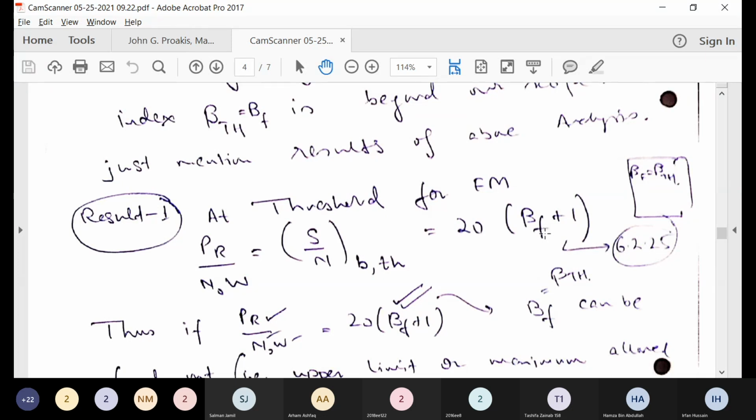So I take this value of signal to noise ratio and equate it with the threshold equation, and if I solve, I will get this beta.